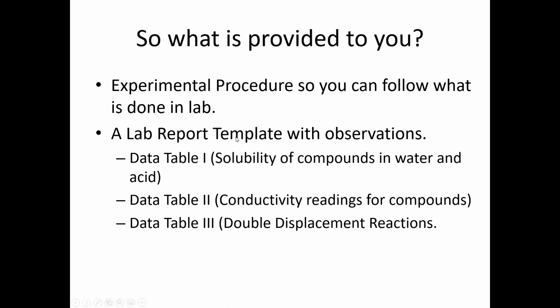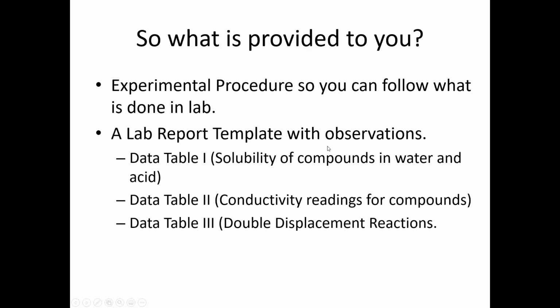The lab report is the most important thing. There is a lab report template with observations. It has data tables 1, 2, 3: the solubility of compounds in water and acid, the conductivity ratings for compounds, and table 3, the double displacement reactions. That's all the observations.